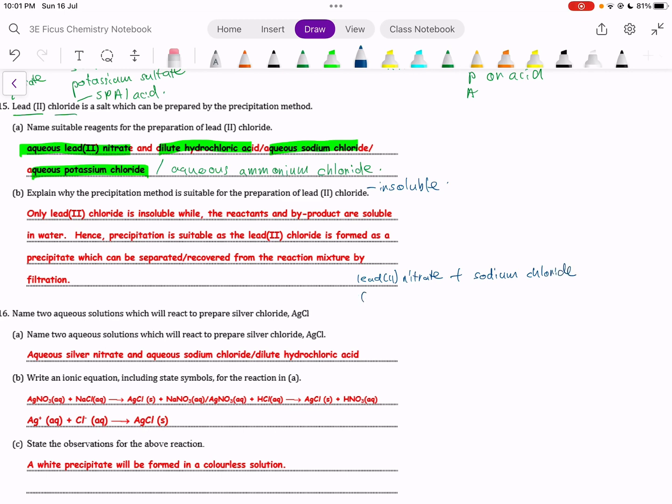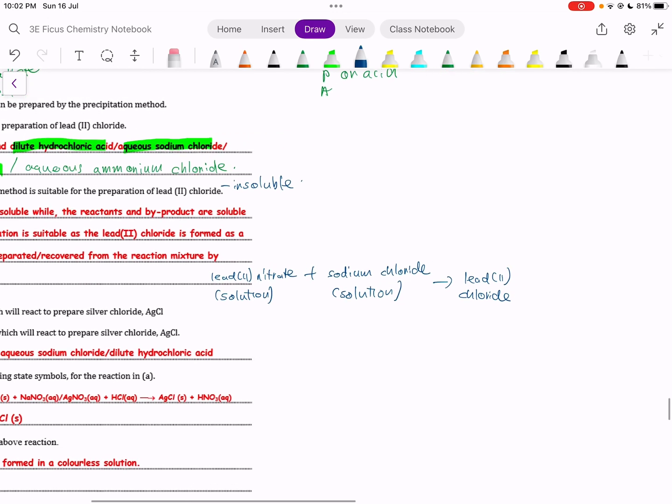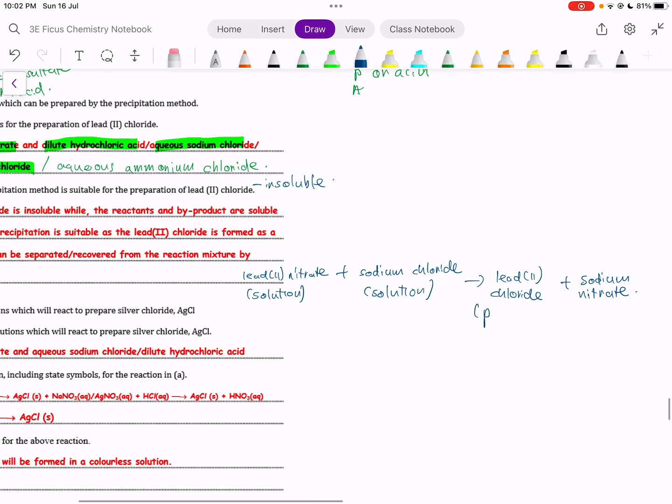So this one is your solution, this is also your solution, then you have your precipitate, lead 2 chloride. Of course there will be a byproduct called sodium nitrate.